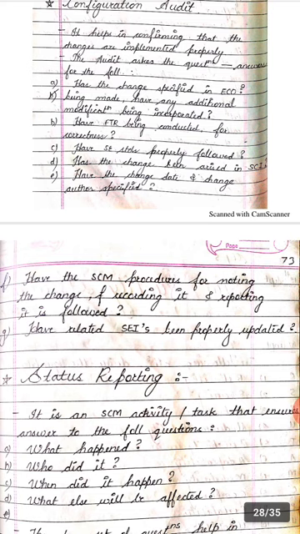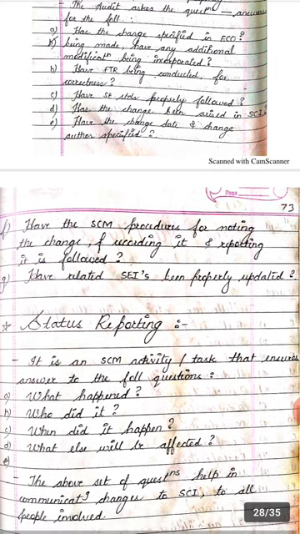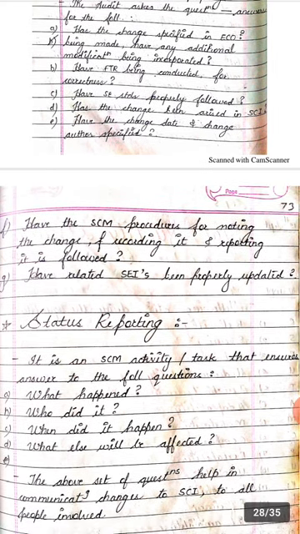B. Has an FTR been conducted? FTR means formal technical review, for correctness. So after making changes, you have to see whether the FTR was done. Have the SE standards been properly followed? Have your software engineering standards been properly followed? Has the change been noted in the SCI, that is software configuration item?